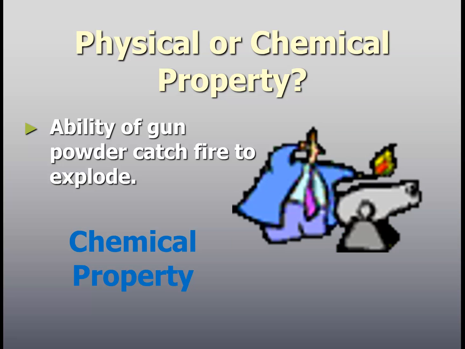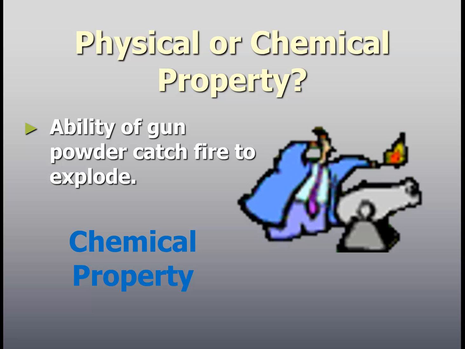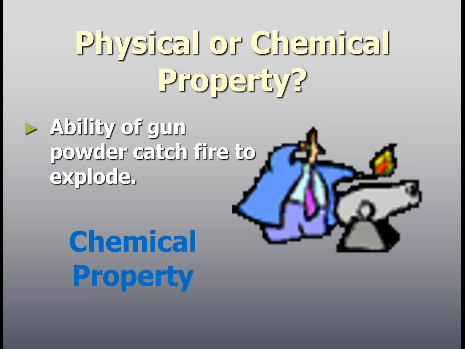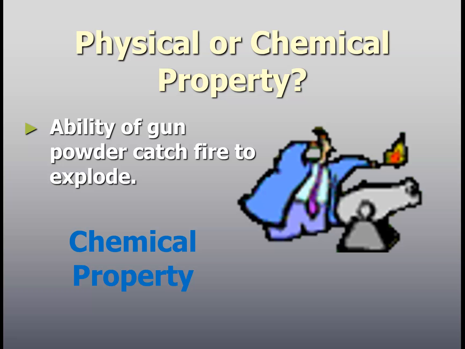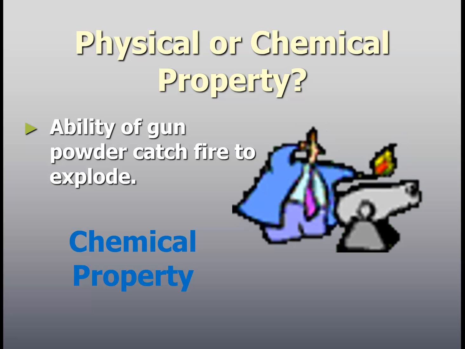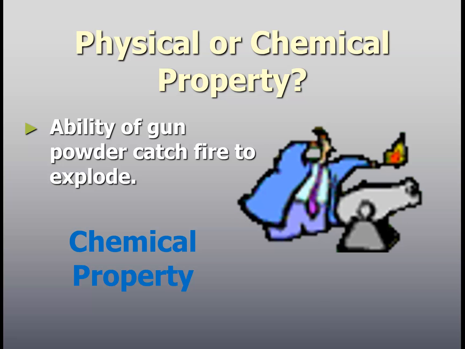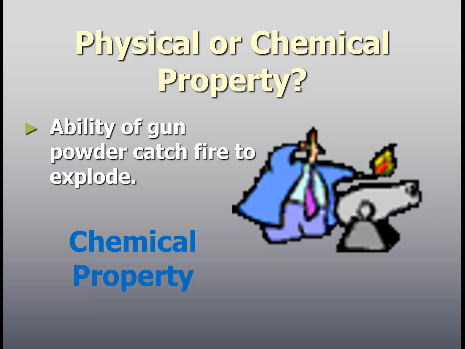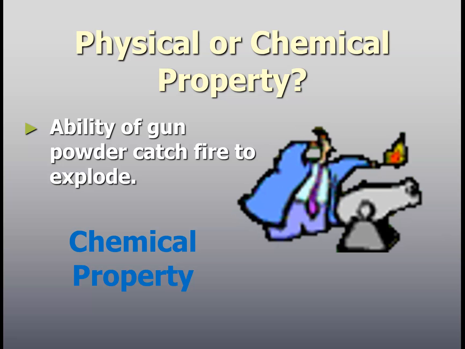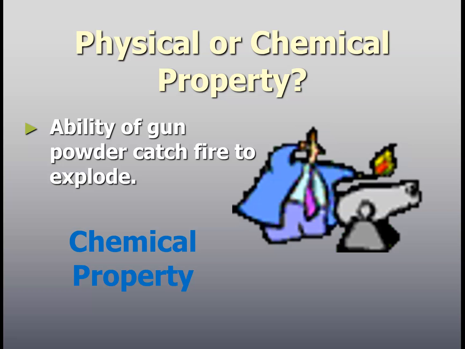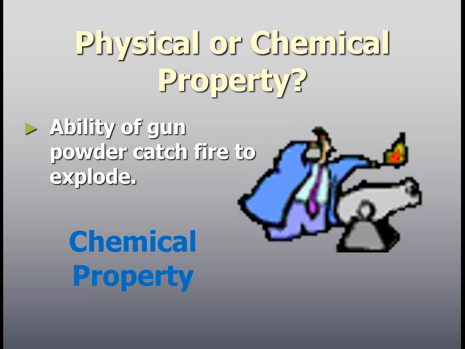It actually is a chemical property. Because we're adding fire to the gunpowder, it's changing that gunpowder and it is expelling its energy. So the ability of gunpowder to catch fire and explode is a chemical property.